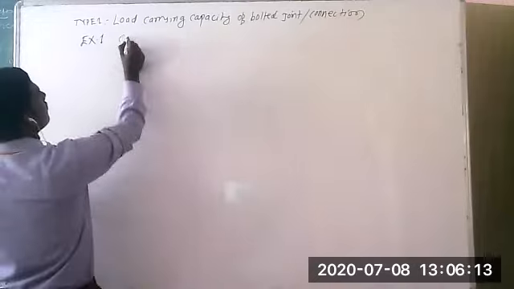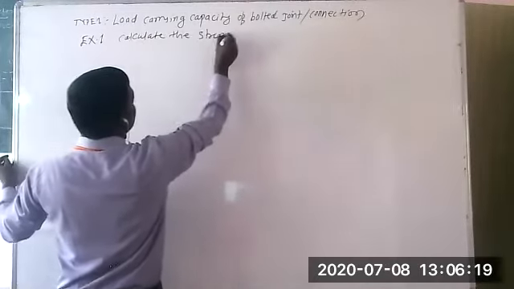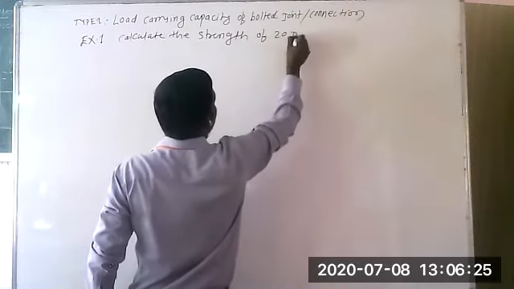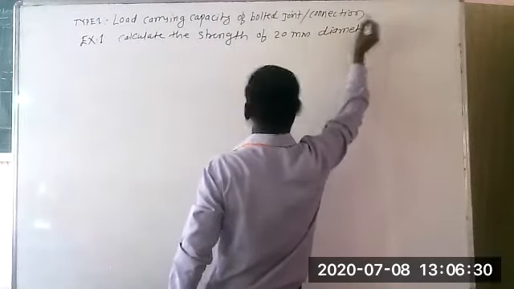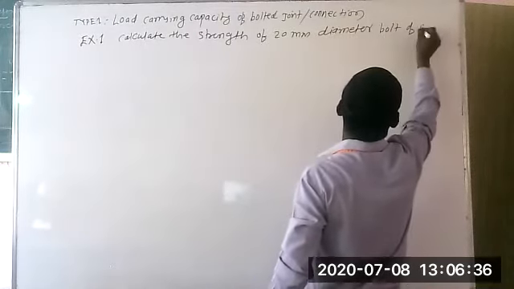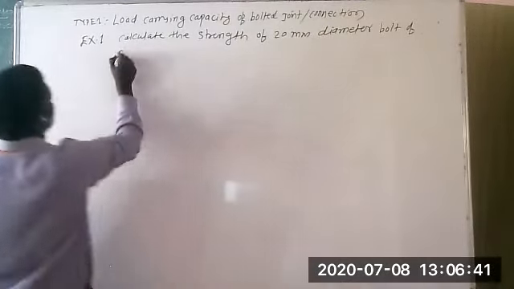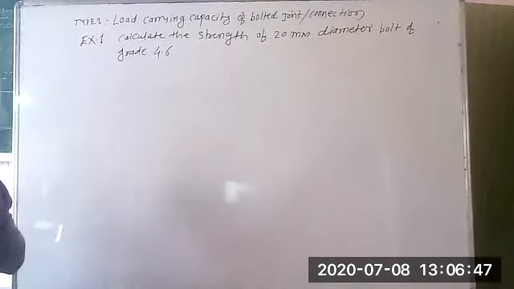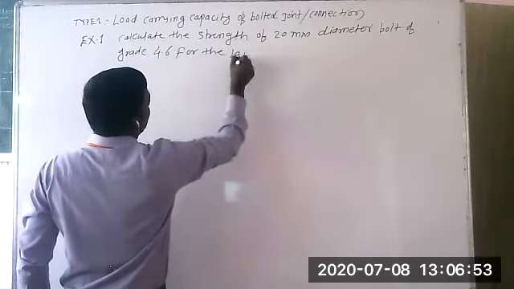Calculate the strength of 20 diameter bolt of grade 4.6 for the lap joint.